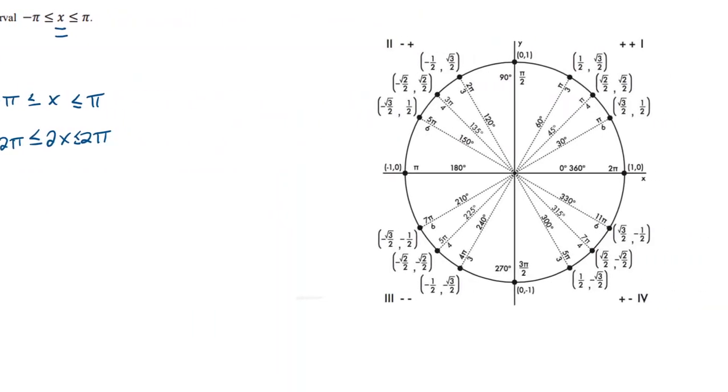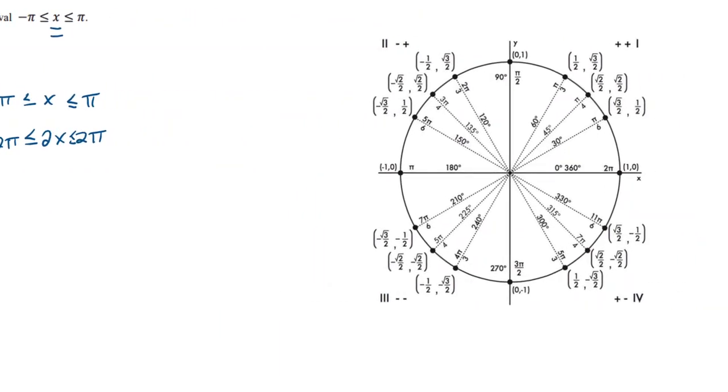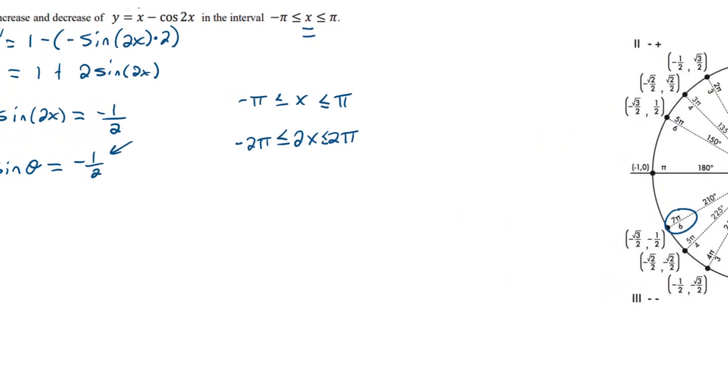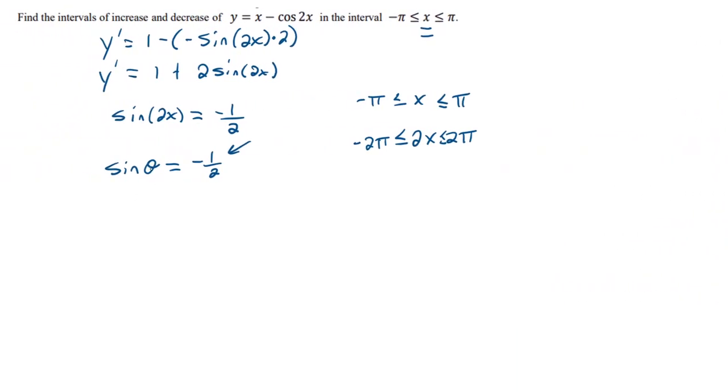So you do have a formula, or a unit circle, and we can see that sine is negative a half here and here. So that's going to be at 7 pi over 6 and 11 pi over 6. So even if you want to leave it as theta for a minute, theta would be 7 pi over 6 and 11 pi over 6.